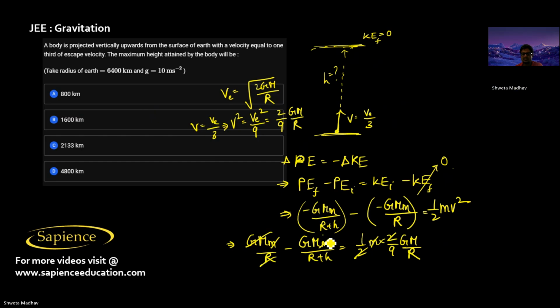So then here I can write Gm by r into r will come, right? This will get cancelled. Therefore, we can say this will come 1 minus r by r plus h, that is equal to 1 by 9.